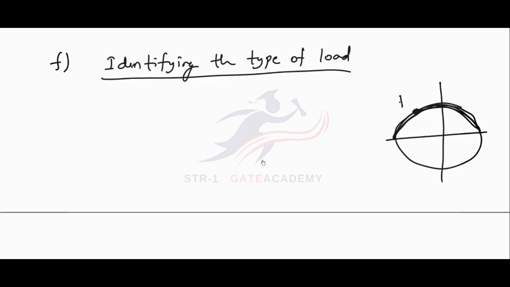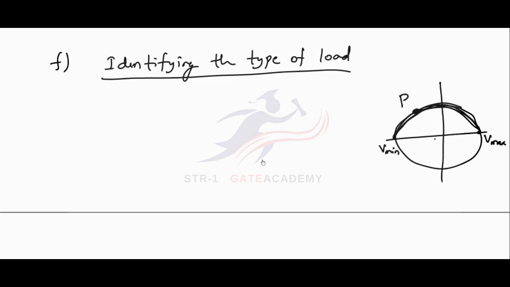R plus jx will be located on the upper half of the Smith chart. When you move towards the source, towards the generator, first of all you will obtain Vmax. This point is Vmax and this point is Vmin. When you increase the value of L, that means you are moving towards the generator. First you will obtain Vmax, then Vmin, then Vmax, Vmin, and so on.